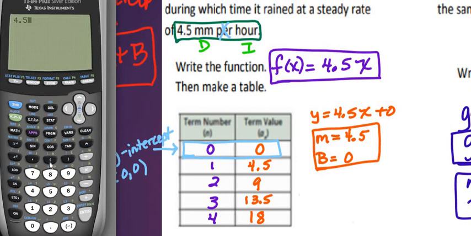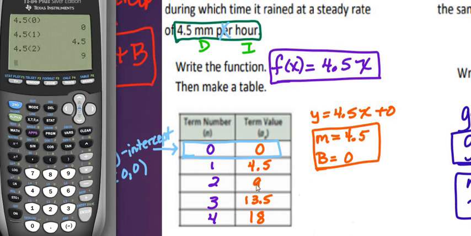4.5 times 0. Put your answer down, hit enter. I'm going to cursor up here and hit enter, cursor back. Type in a 1 now directly over top. Don't hit delete, just type it directly in. And I get 4.5. I can do that all the way through, and I'm going to type in a 2 now and hit enter.